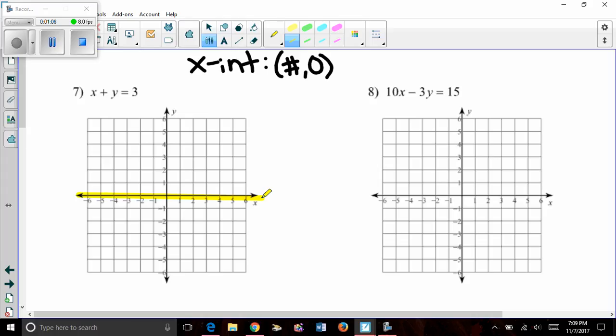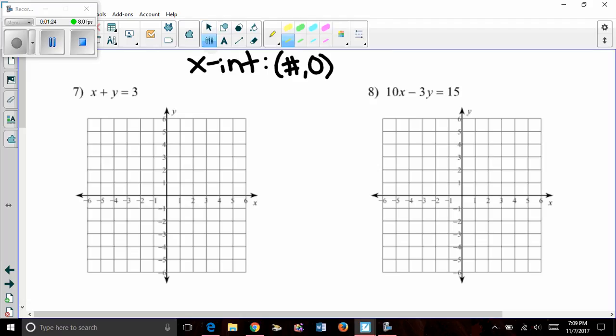Every point on that highlighted line has a y coordinate of 0. That is because I don't have to go up or down to find that point. I just have to go left or right to find it.